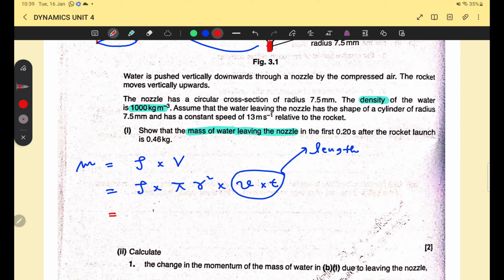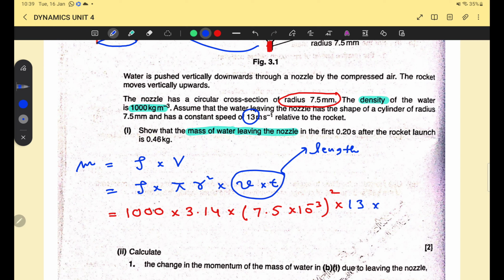What is density? Density is 1000. Pi is 3.142. Radius, so radius of the nozzle is 7.5 millimeter, so I am writing 7.5 times 10 to the power minus 3, with the square. Velocity of water is 13.